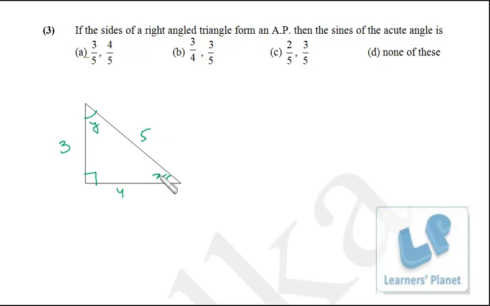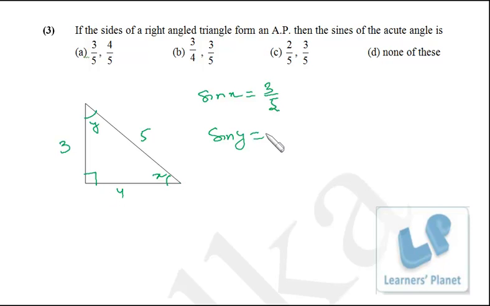Okay, so what will be the value of sine x over here? Sine x is perpendicular by hypotenuse, so it is 3 by 5, right? So sine of one acute angle is 3 by 5, and sine of the other acute angle, that is sine y, if this is the angle that we have to find, then this will be the perpendicular and this will be the hypotenuse, right?